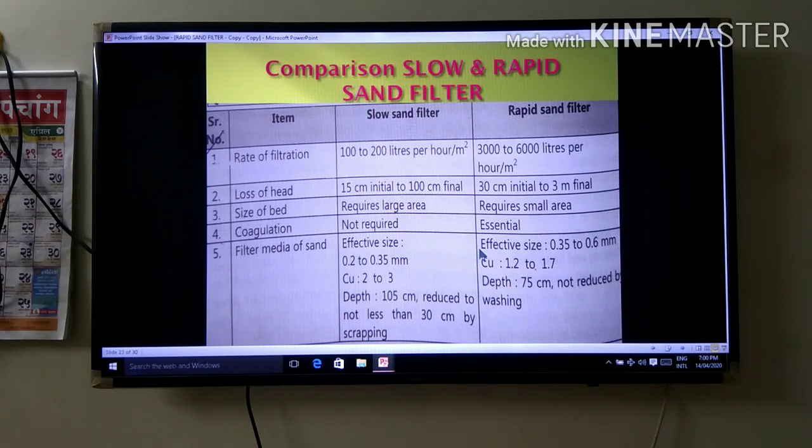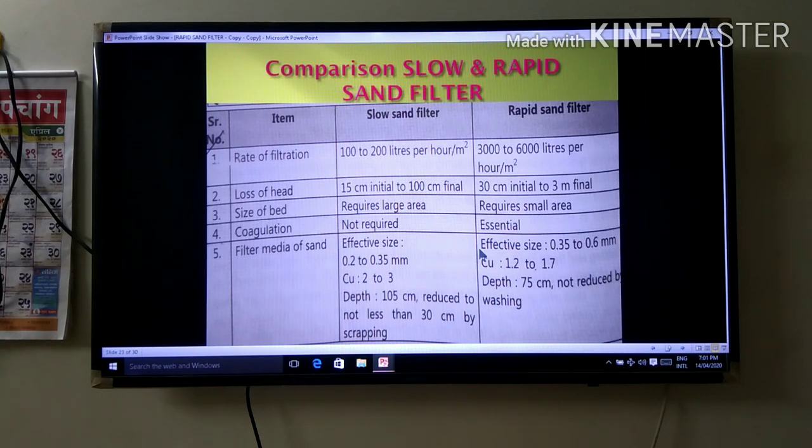the breadth is 39 point something and the length is 79 meter. That means it is a huge size. But in rapid sand filter we require a very small area. For the filter media of sand, in slow sand filter the effective size is 0.2 to 0.35 mm and in rapid sand filter the effective size is 0.35 to 0.6 mm.